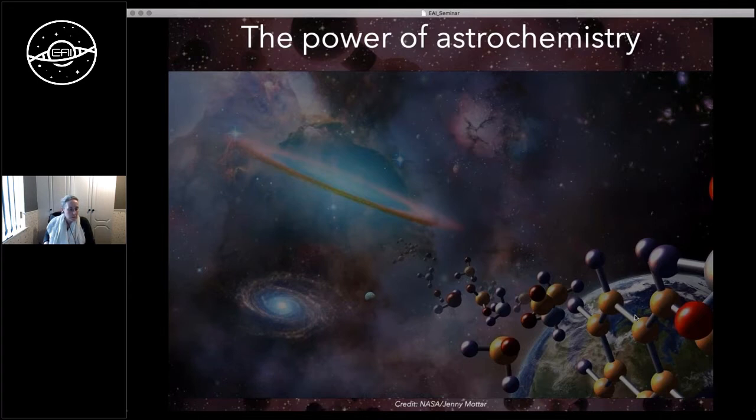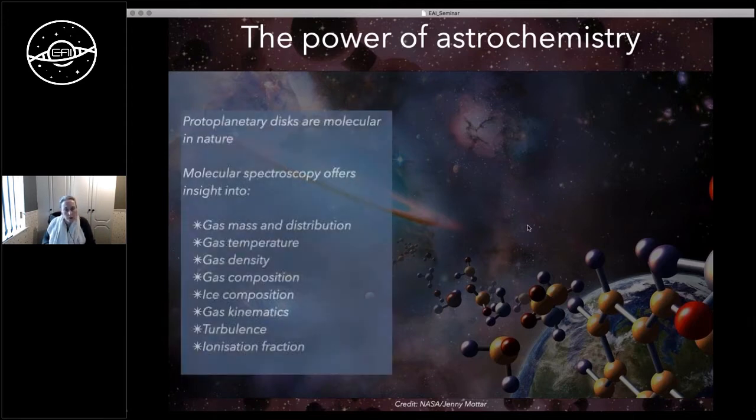So I've just given a very short introduction into molecular spectroscopy, and in particular rotational spectroscopy, which we exploit, if you like, in astrochemistry, to give a lot of insight into the physical conditions of the objects that we're interested in. So protoplanetary disks are mainly molecular in nature.